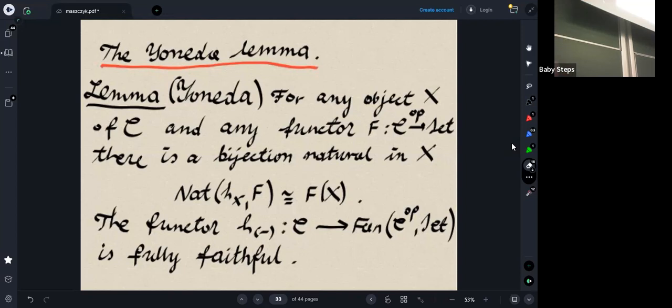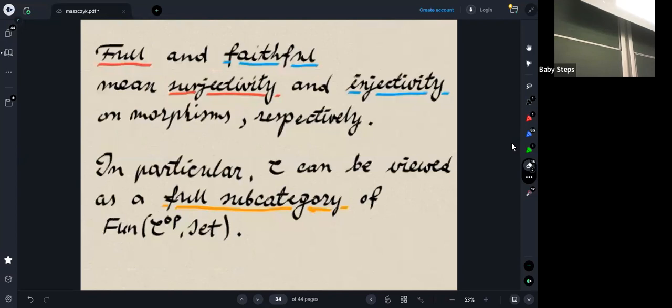As a consequence of this lemma, we have that this functor H from the category C to the category of presheaves on this category C is fully faithful, which means that this functor on morphisms is bijective, because fullness means surjectivity and faithfulness means injectivity on morphisms.